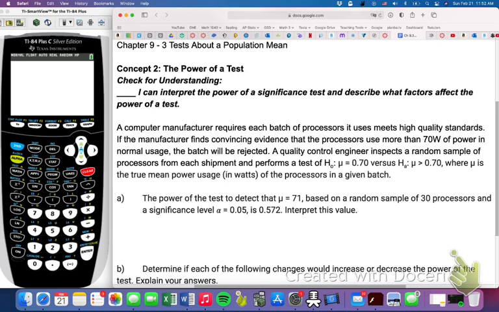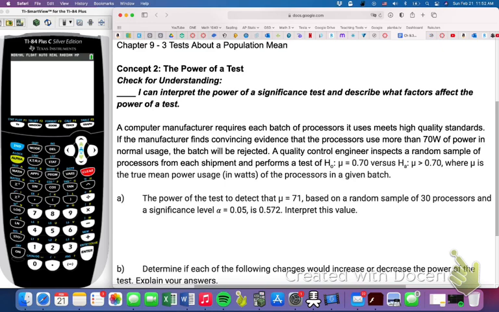So let's dive in. A computer manufacturer requires each batch of processors it uses meets high quality standards. If the manufacturer finds convincing evidence that the processors use more than 70 watts of power in normal usage, the batch will be rejected.